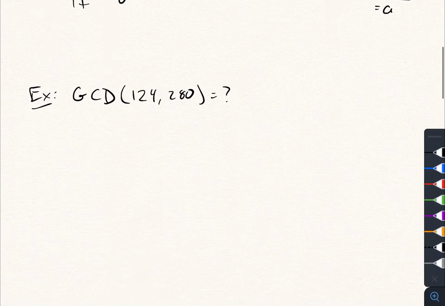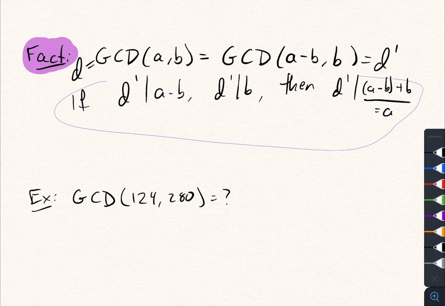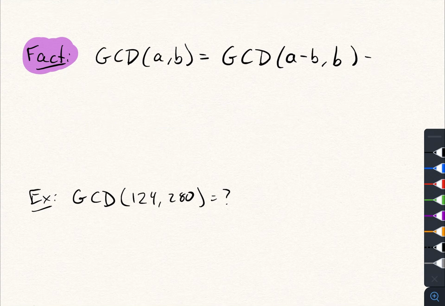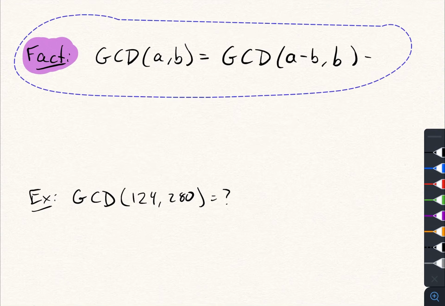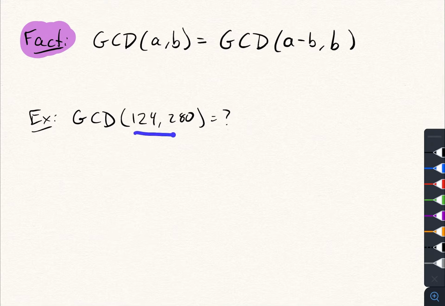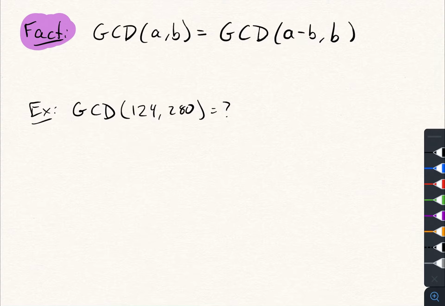Let's see how to apply this. Well, let's get rid of some of the mess here. So if I want to compute the GCD of 124 and 280, let's see how to apply this fact. This says that if I want to compute the GCD of these two numbers, I could just take one and subtract it from the other to make it smaller.